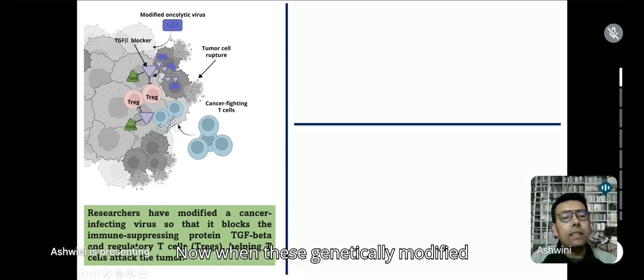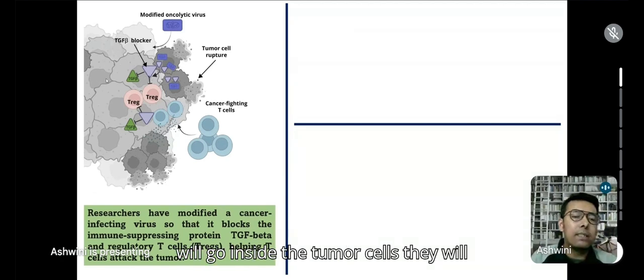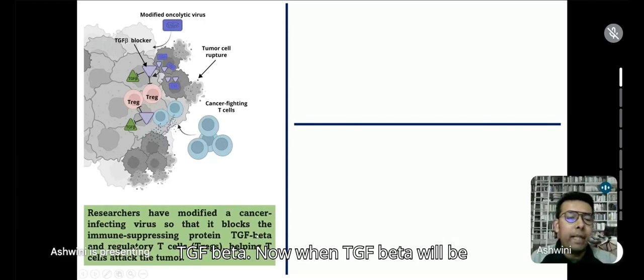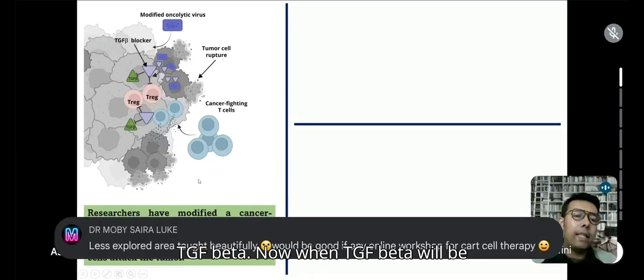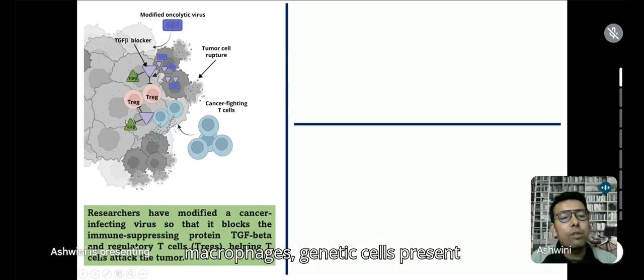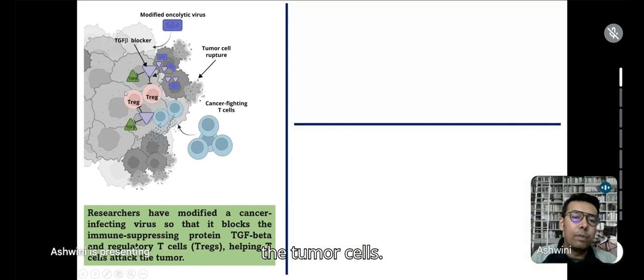Now, when these genetically modified oncolytic viruses are targeted to a specific tumor, they will go inside the tumor cells and express a protein that will inhibit TGF beta. When TGF beta is inhibited, the cytotoxic T cells, NK cells, macrophages, and dendritic cells present in the tumor microenvironment become active and can then directly lyse the tumor cells.